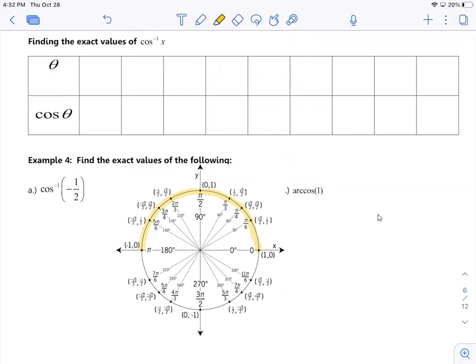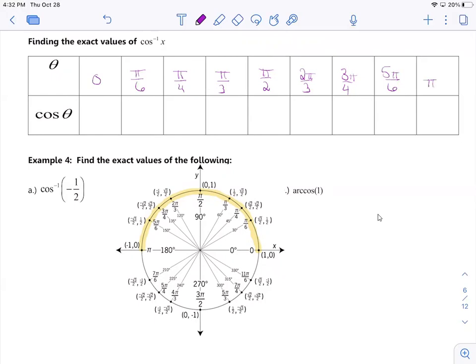So I'm just going to list all these angles. So we start at 0, then we go to pi over 6, pi over 4, pi over 3, pi over 2, 2 pi over 3, 3 pi over 4, 5 pi over 6, and then we hit pi.